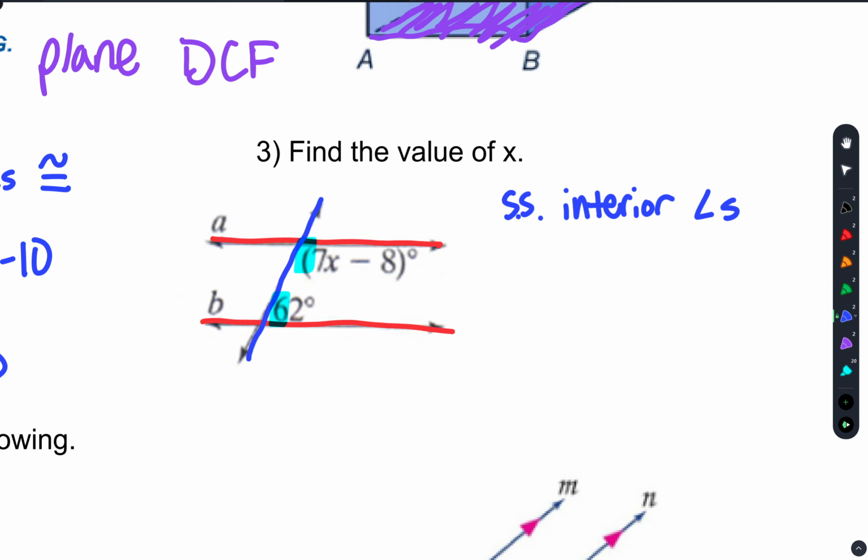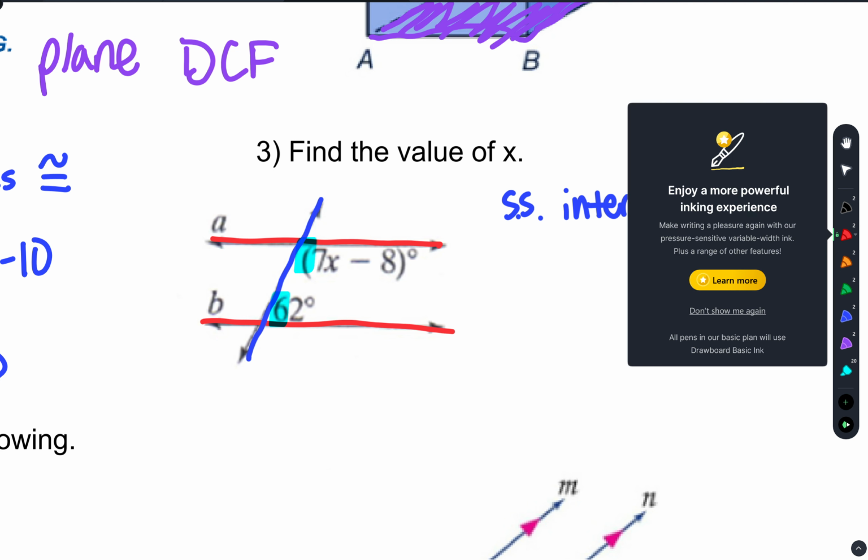Why can't I say that these 2 angles are supplementary based on just this diagram alone right now? I did this to trick you. Caitlin? Yeah, technically there's nothing on these 2 lines right now that's telling me that A and B are parallel. There's nothing in the directions, there's nothing on the lines, so I can't just assume that lines are parallel.